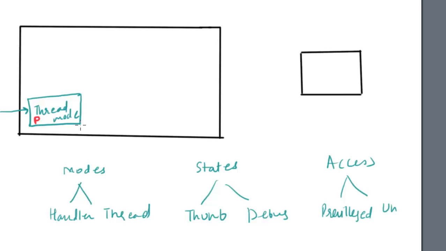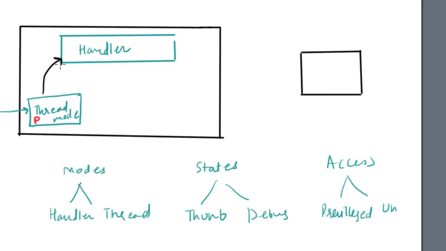So this is in privileged mode. Now whenever an exception occurs, like say whenever an interrupt occurs, it moves from the thread mode to the handler mode. So this is your handler mode. If you come across other controllers or processors, this would be as good as running an interrupt service routine. So it switches from thread to handler whenever an exception occurs.